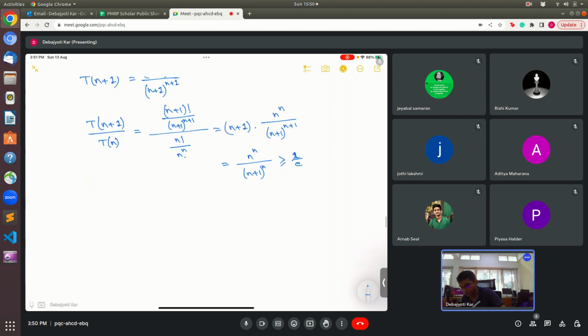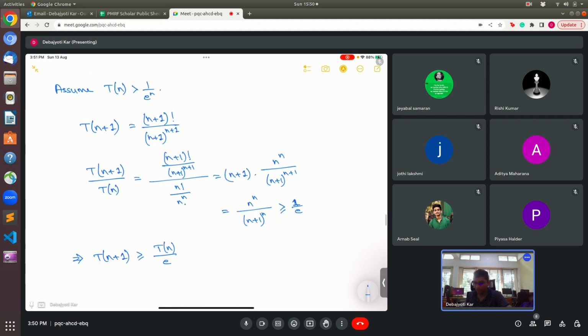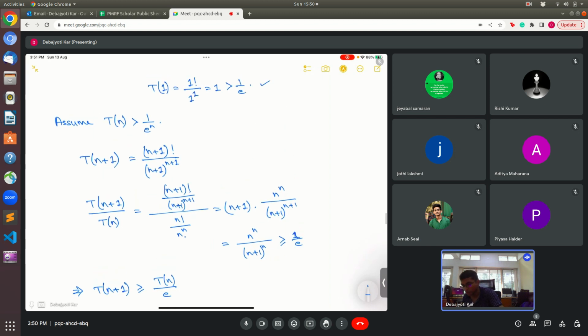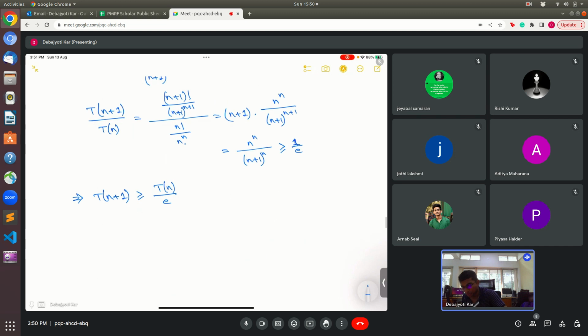Once we have this, we get that Tn plus 1 is at least Tn by e. But using induction, we had assumed that Tn is at least 1 by e to the power n. So if we put it here, this product is going to be at least 1 by e to the power n plus 1.